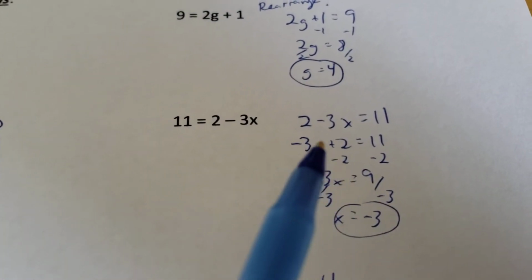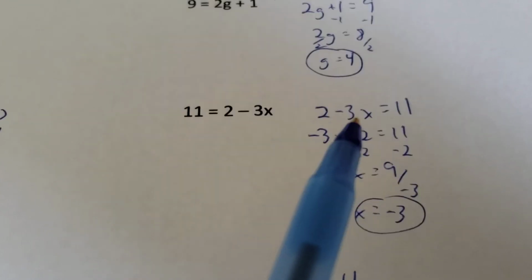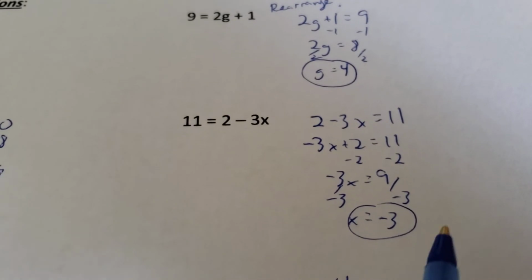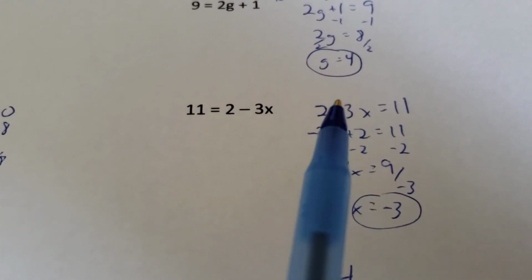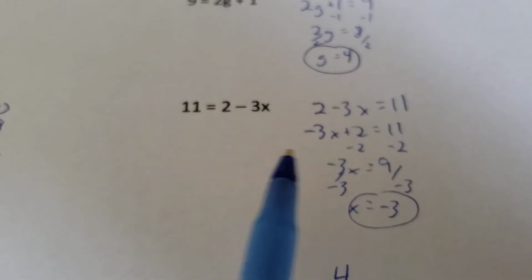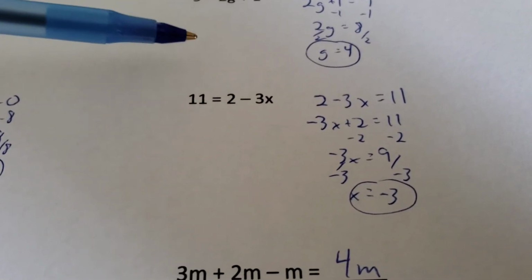And then here, now this one's a little different kind of scenario. I rearranged it. I put the 2 minus 3x on the left side, and I got the 11 on the right side now. But this minus 3x, you could think of it as a negative 3x. And I'm going to move it out to the front, the negative 3x. Now that 2 was still just a positive 2 that was hanging out there.